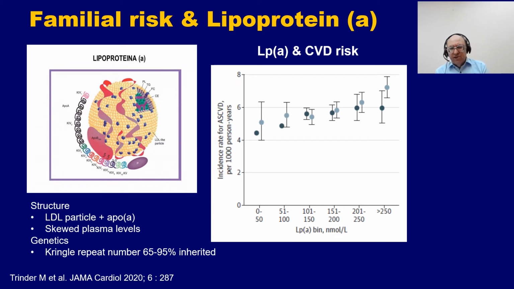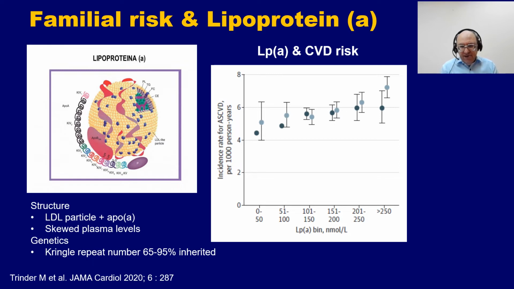About 6 or 7% of them are actually due to other lipid causes, of which the commonest is raised lipoprotein A. Lipoprotein A is genetically inherited. It is essentially an LDL particle with an additional protein. The levels of that protein are determined by the number of repeats present in it. Small numbers of repeats equals high plasma level.